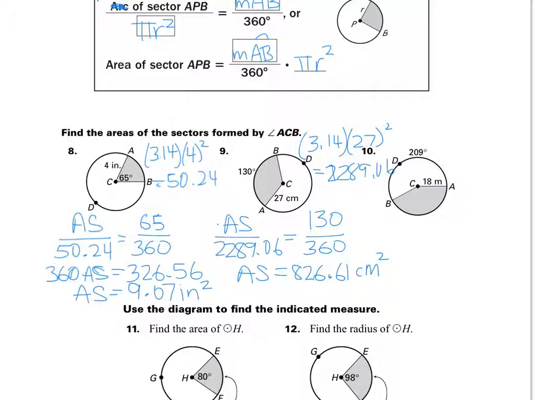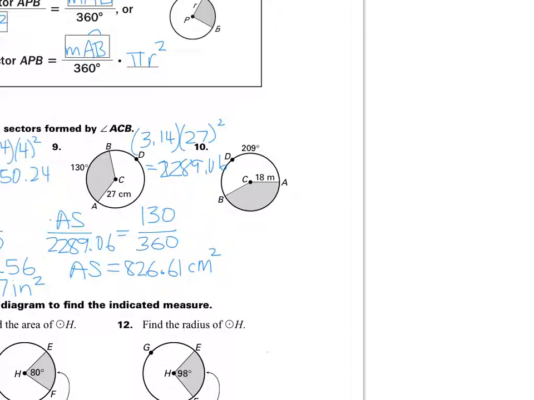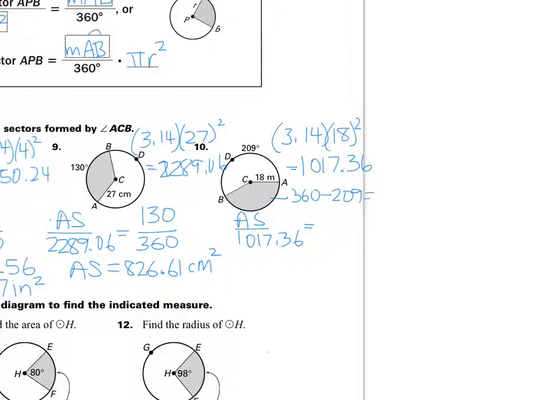Okay, so during the last one here, we're going to find the area of both regions. So we're going to find the area of the shaded region, just like we did before. Area of the whole circle. So the area of the sector. And this time the angle is for the white section. So I need to find it for the shaded section.